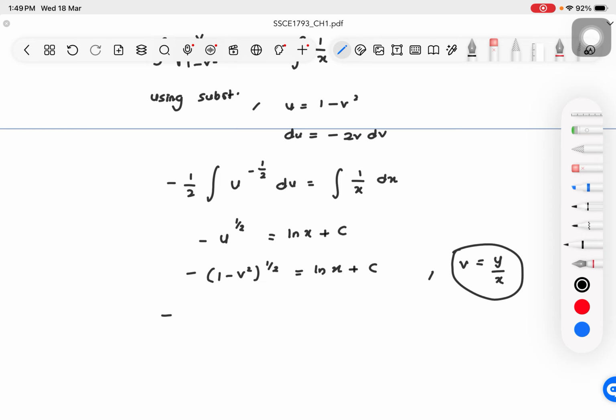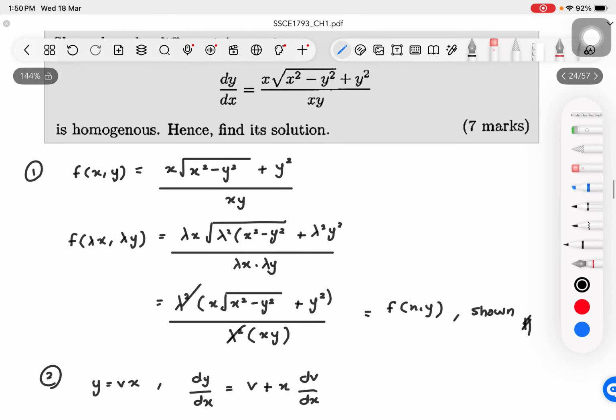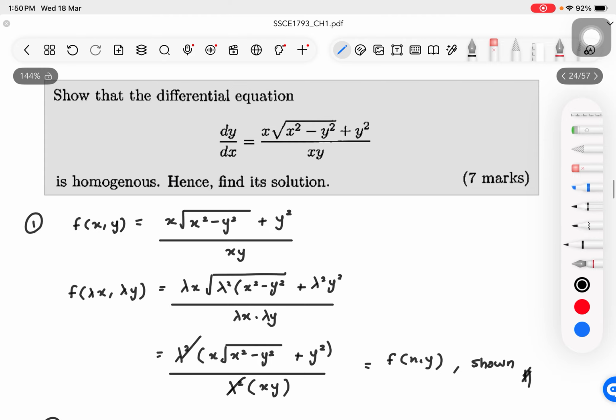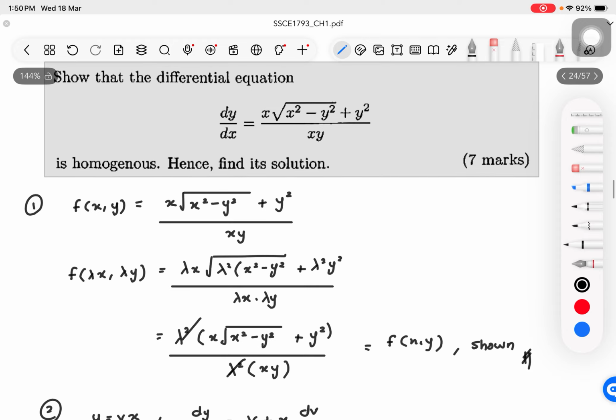So your final answer becomes this, so here you go. This is your final answer. Okay, done. It's normal to solve one question in differential equations, and the solution is quite long, so don't get shocked. Okay, so this is how we solve this equation.